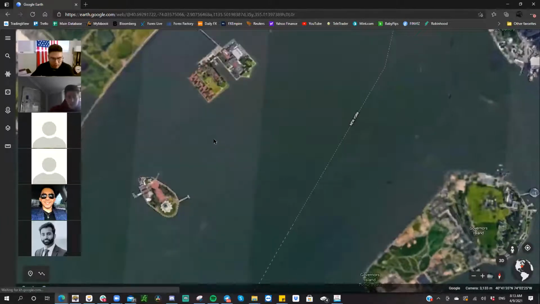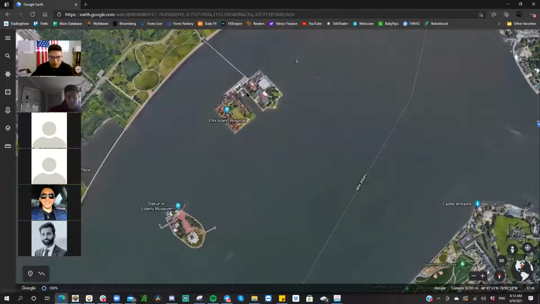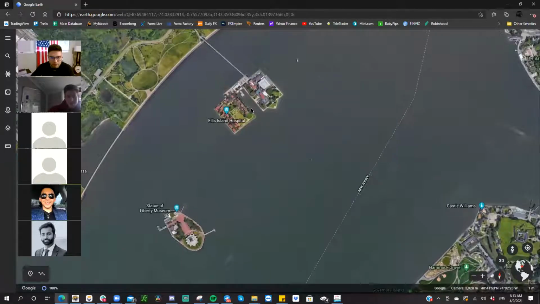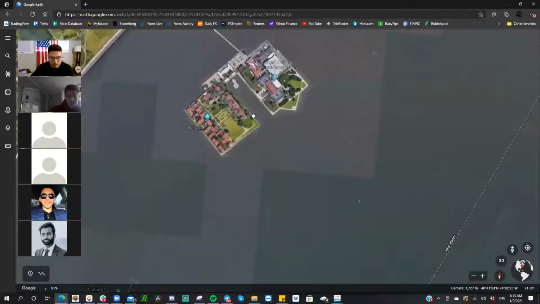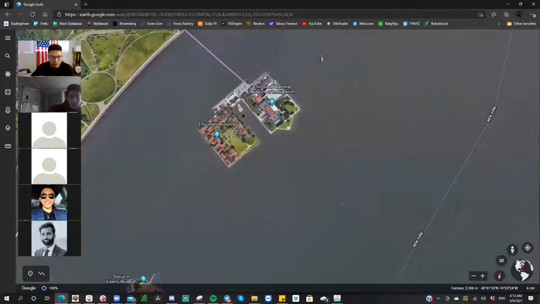There's the Statue of Liberty. Ellis Island. So if your ancestors ever came to the U.S. back in the early 20s, 30s, this is where they would have come. Been there? Ellis Island? Statue of Liberty?